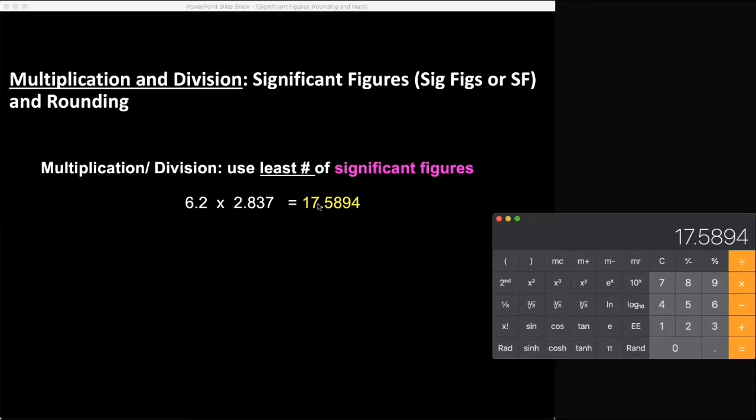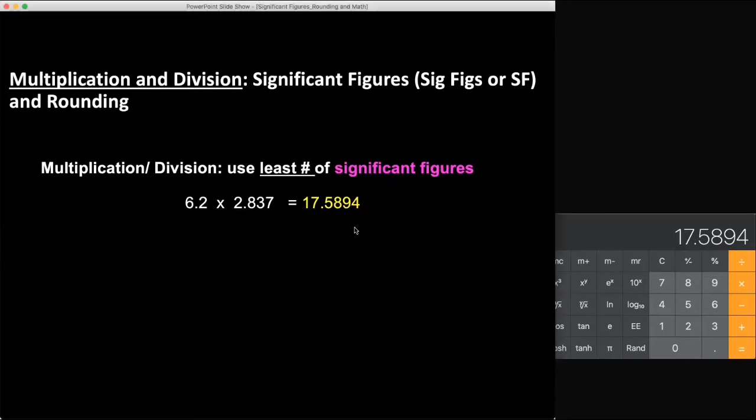17.5894 is what I got in my calculator. So I wrote that down. Now I need to round and figure out how many sig figs I would need. So 6.2 is 2 sig figs. That's what the S stands for. 2.837 is 4 significant figures. 17.5894, what my calculator gave me, is 6 significant figures.